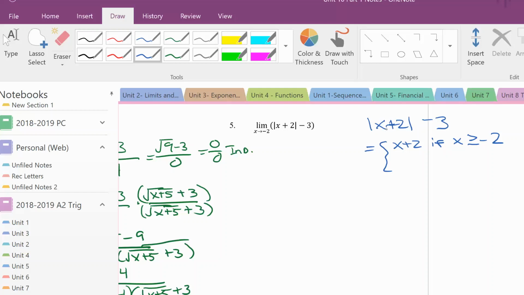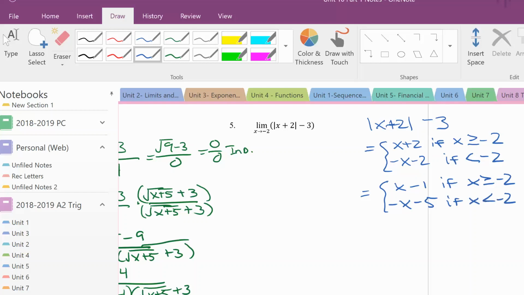We're just doing the absolute value part first, then we'll subtract 3. And then it's negative x minus 2 if x is less than negative 2. But then you have to subtract 3, so really, it's x minus 1 if x is greater than or equal to negative 2, and negative x minus 5 if x is less than negative 2.